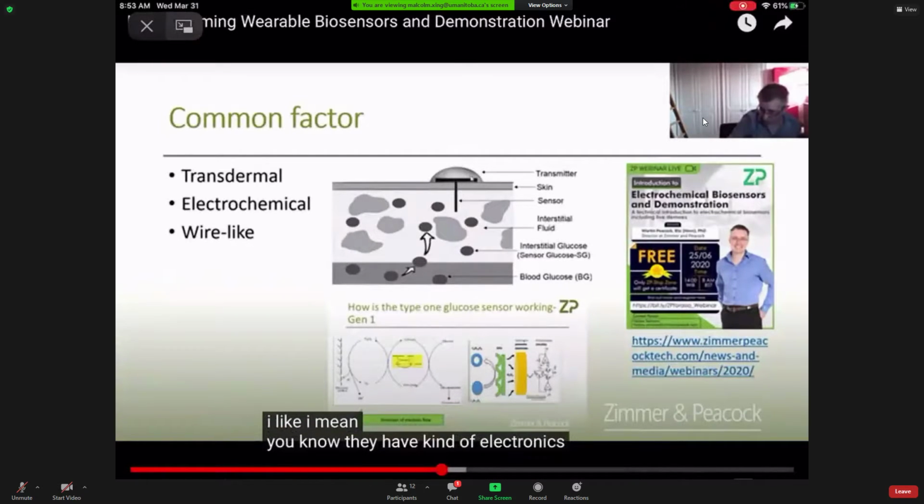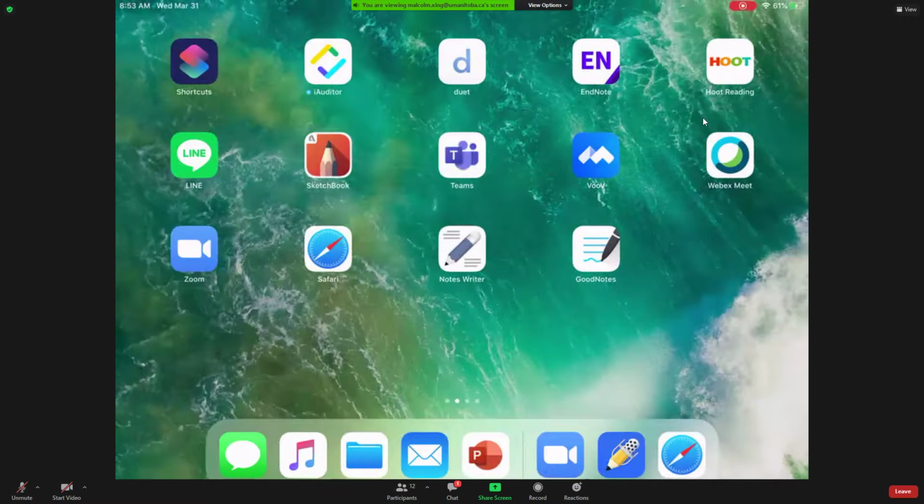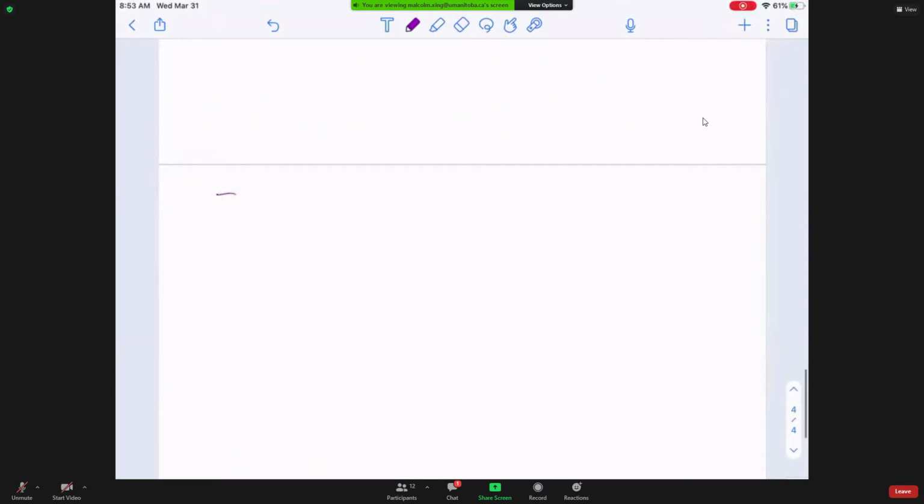So transdermal means, generalized, we have the skin, two layers. Epidermal, we know, right? That's the dermis layer.